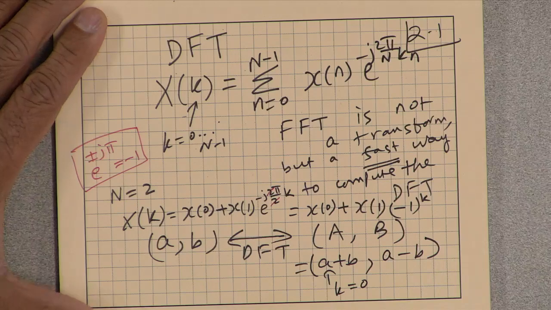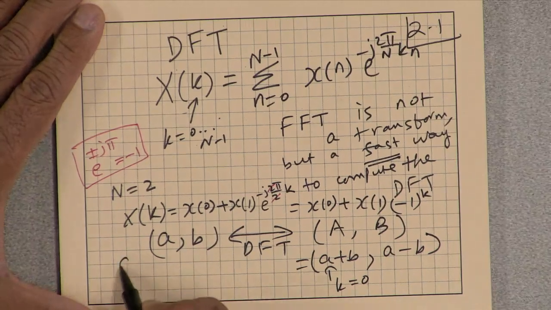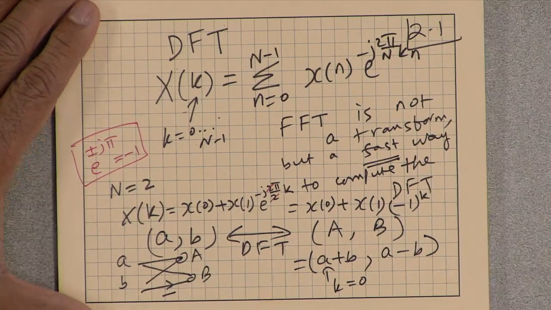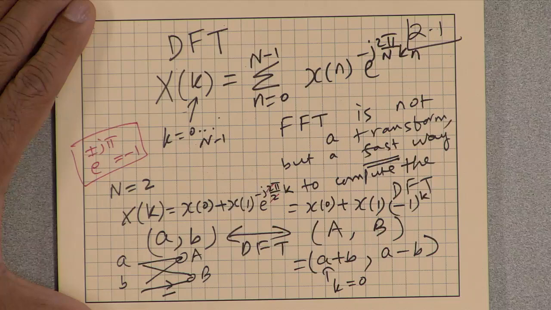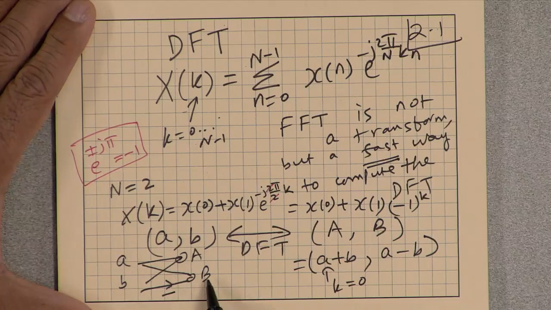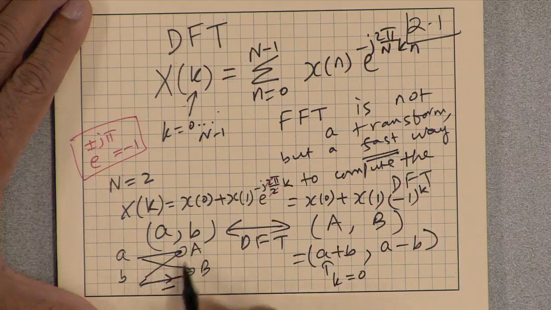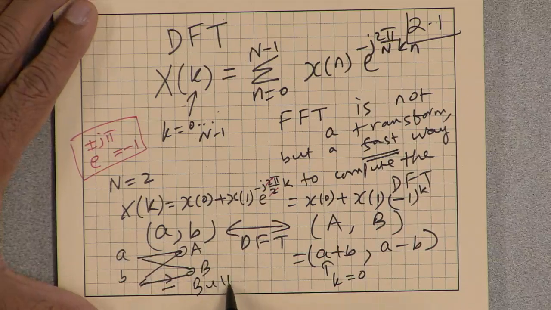That's called the 2-point DFT. So if we have a, b, you add a and b and you subtract, and that's the DFT: cap A is a plus b, and the second point is a minus b. That particular configuration is called a butterfly.